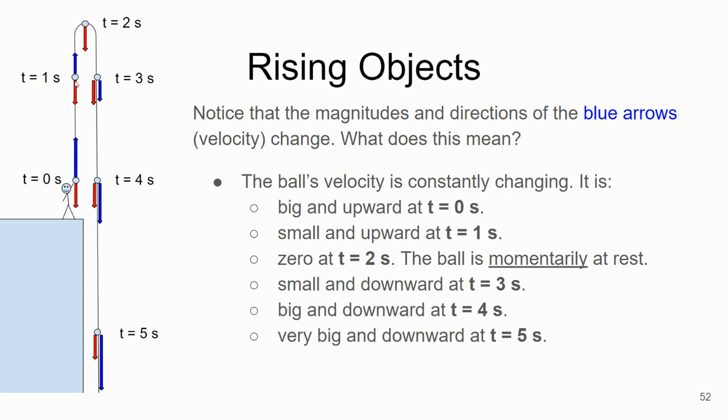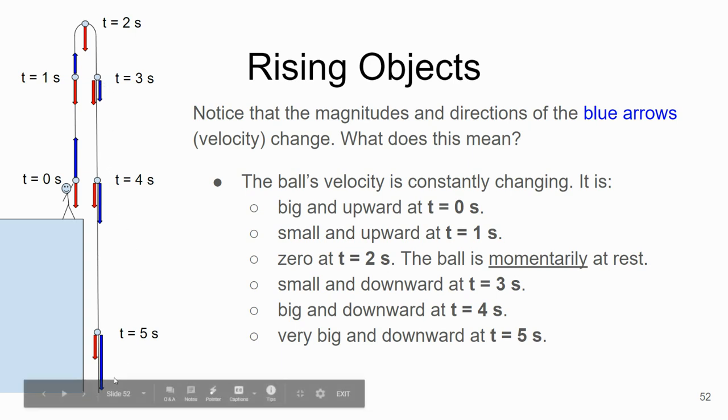A little while later, the ball is still going up, so the blue arrow is still up, and now we have a small arrow. Then at t equals 2 seconds, there is no blue arrow. It's not that I forgot to draw it; it's that there is none, because when the ball is at its very highest point, it will momentarily be at rest. It will have no velocity. After that, you have a small blue arrow going down, then a medium blue arrow going down, and ultimately a big blue arrow going down, because the ball is gaining velocity in the downwards direction.